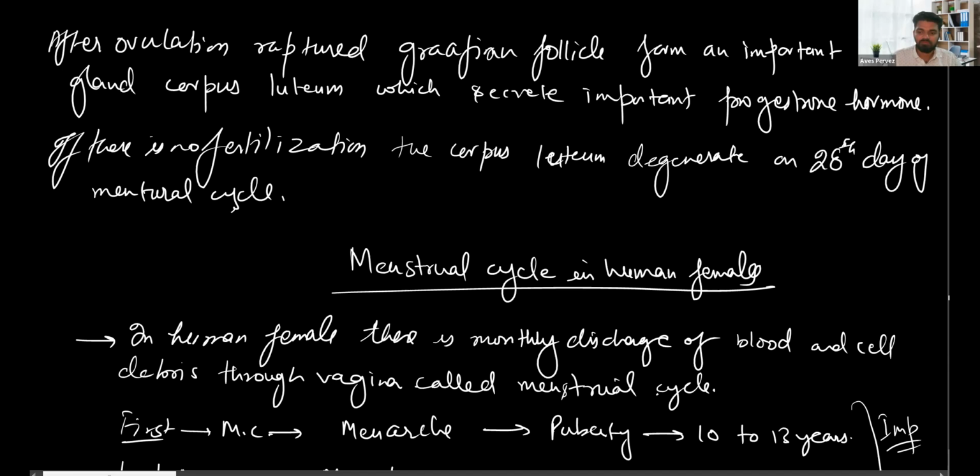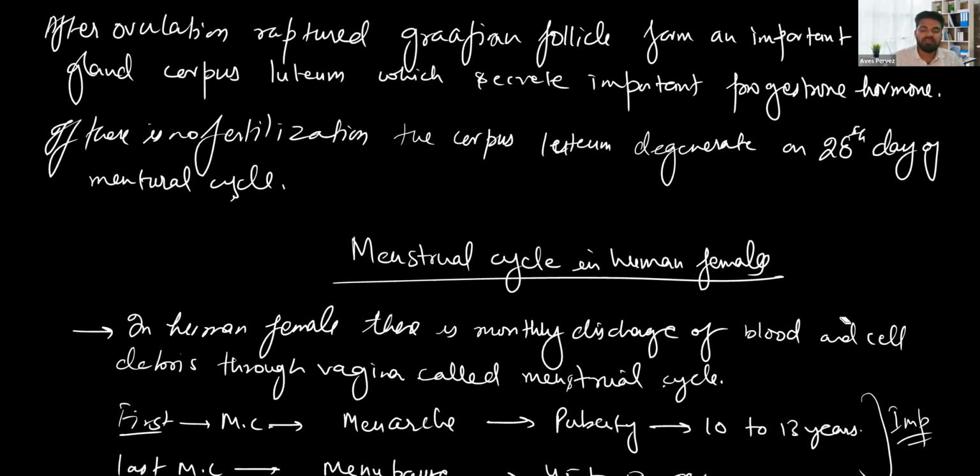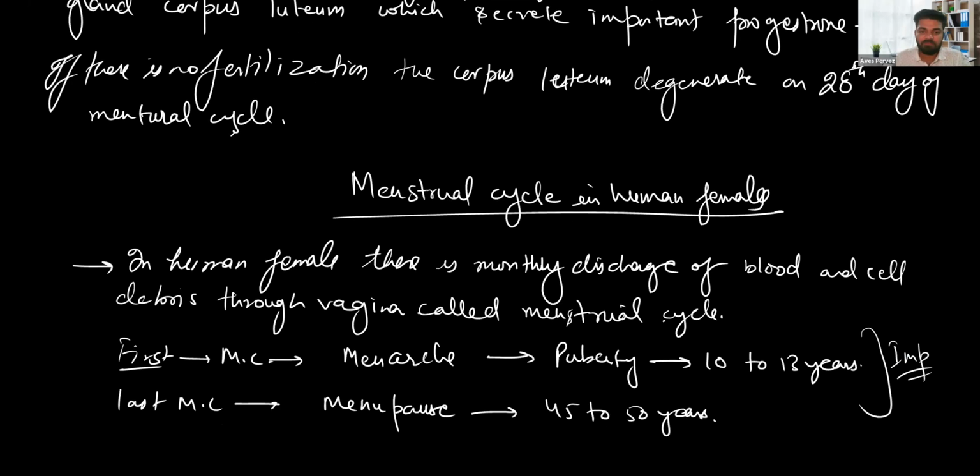Yes, sir. Okay, now moving to the next part: the menstrual cycle in females. In human females there is a monthly discharge of blood, as well as cell debris and cell waste, through the vagina. We call it the menstrual cycle.